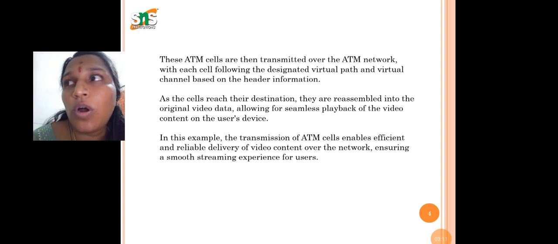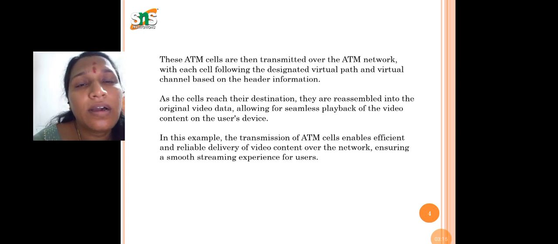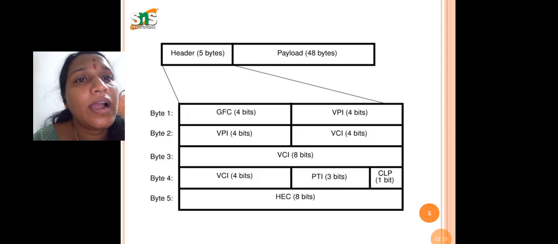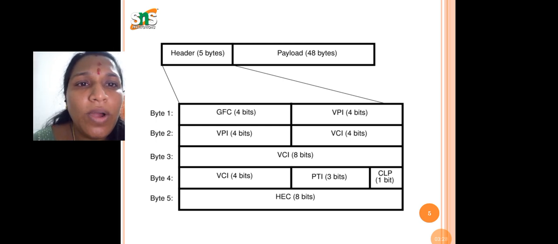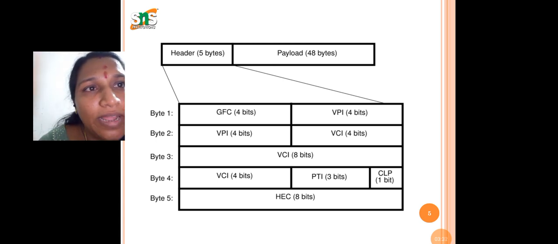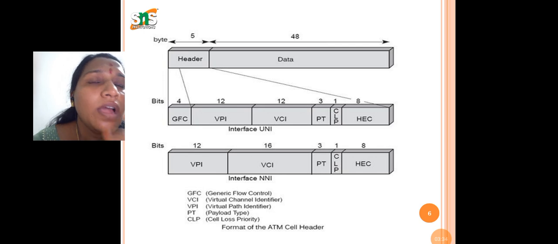Here we can see the header, payload, virtual path identifier and virtual channel identifier, and byte 1 to byte 5 explained here. The payload is 48 bytes.